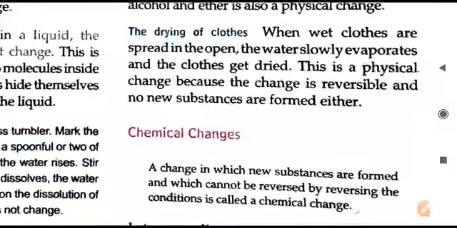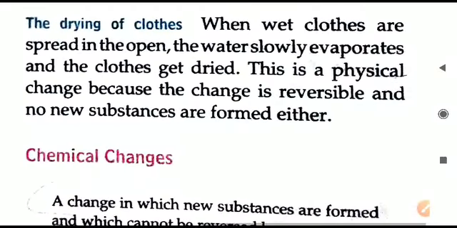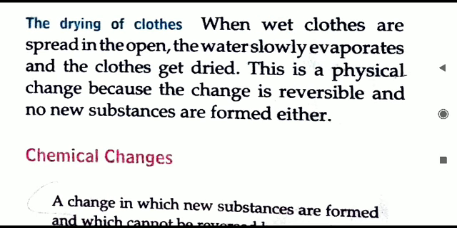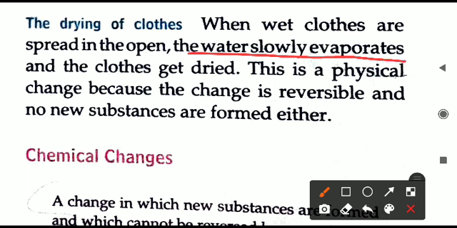Related to the evaporation concept, one example given here is drying of clothes. Whenever wet clothes are spread in the open, what is happening? They get dry after some time. Where has the water gone from the clothes? It has evaporated. The water slowly evaporates, and because of that the clothes get dry. In the summer season it is very fast.